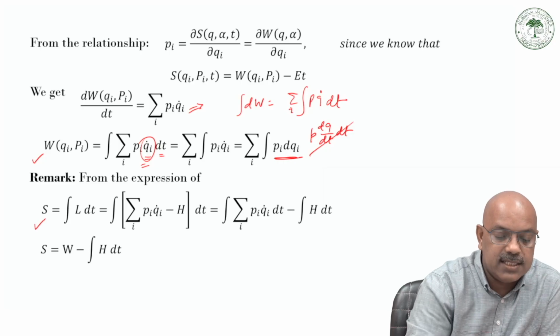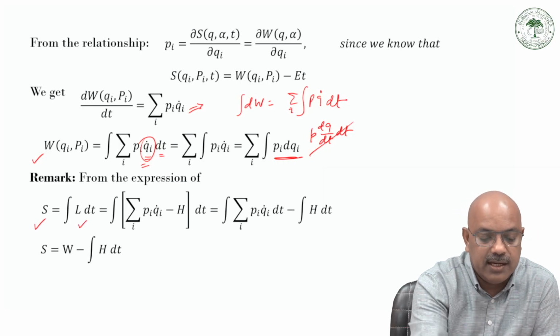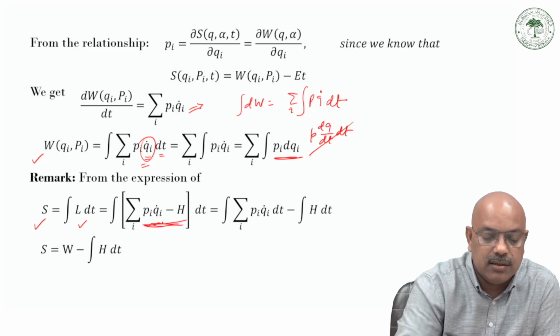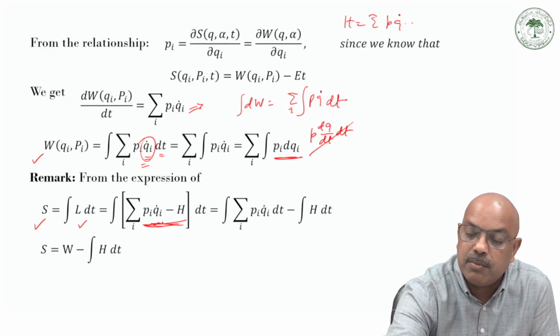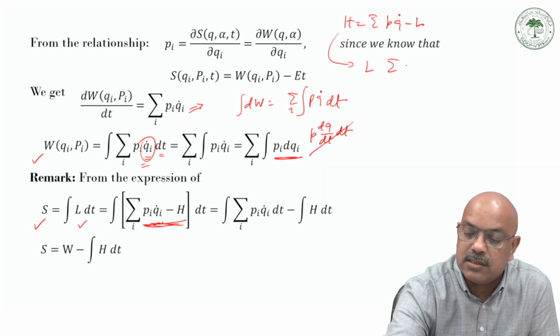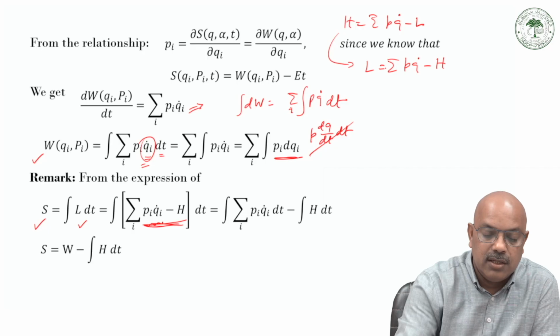Now I know that S is the time integral of the Lagrangian, and the Lagrangian is written in terms of P, Q and H. This is how we define the Lagrangian of a system in terms of the Hamiltonian, because the Hamiltonian is a sum over P Q dot minus L. So from here, L is the sum of P Q dot minus H. So this is how you define the Lagrangian.